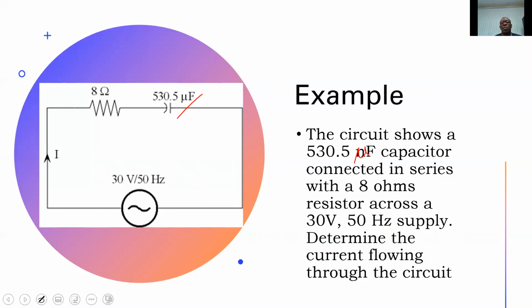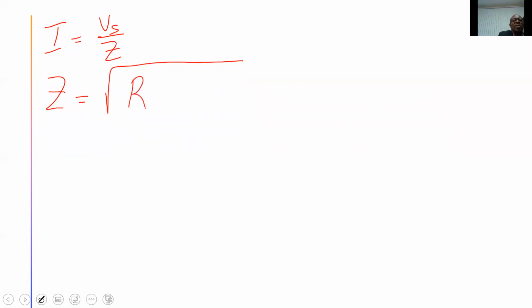So in order to determine the current, we know that current is going to be equal to V supply over Z. So we need to find Z. So Z, the impedance, is equal to the square root of R squared plus XC squared. We already have the value of R, so we need to find XC. And XC is equal to 1 over 2 pi FC.